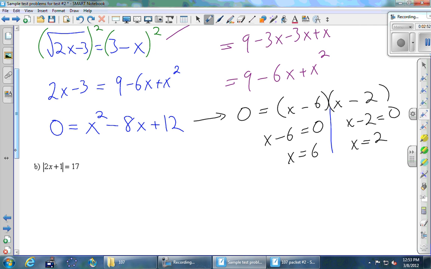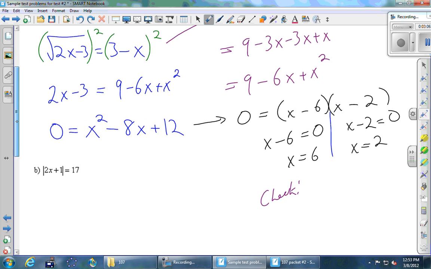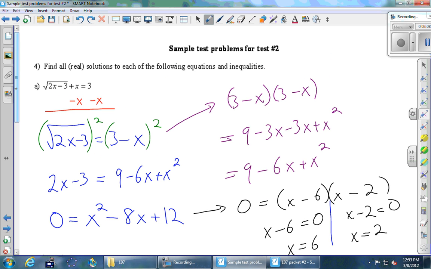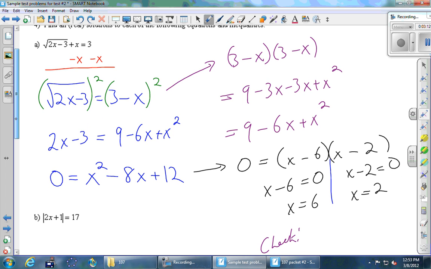One downside of dealing with square root equations, with radical equations, is that you could do everything right, but still end up with answers that don't really work. So it is mandatory to check both of these. Let's do x equals 2 first. So we're replacing this x with a 2 and this x with a 2.